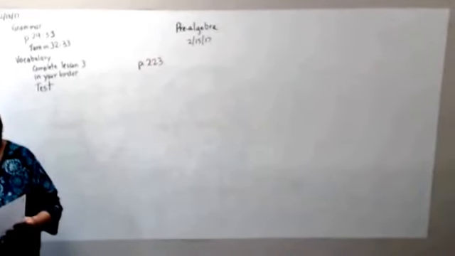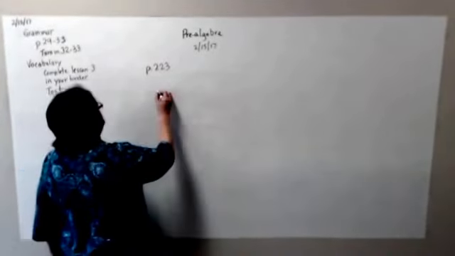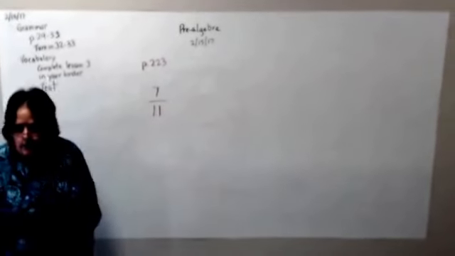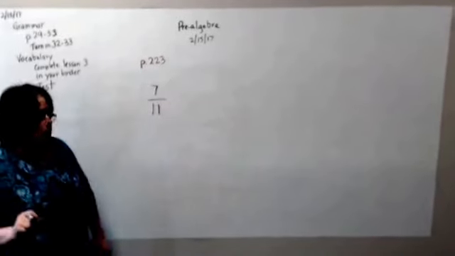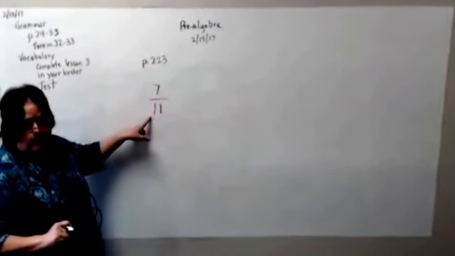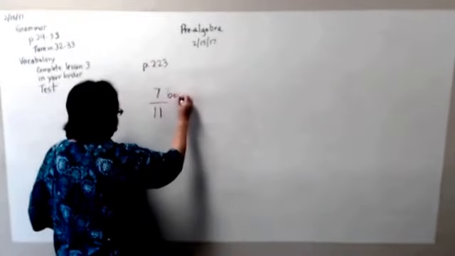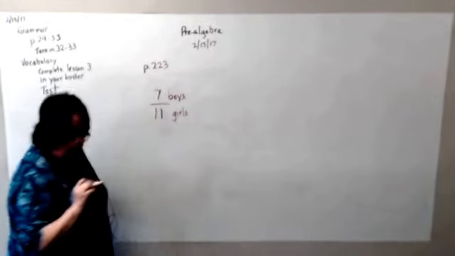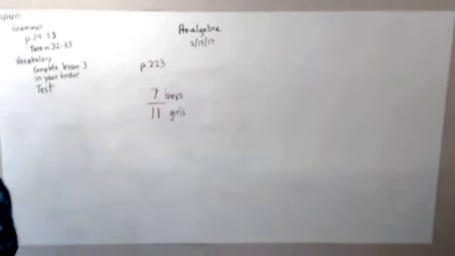Good job. Okay, the ratio of boys to girls in a class is 7 to 11. So we write that ratio, 7 to 11. Which one is boys? The first one, because it says boys to girls, 7 to 11. Put down your calculator, Sullivan, and listen to this. Now, that's only one ratio.